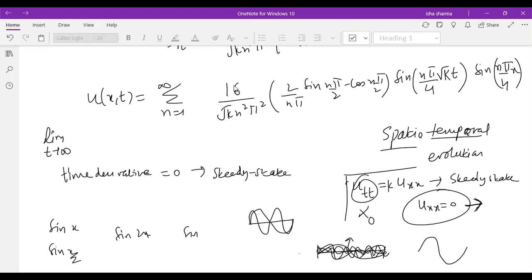So ultimately, it's already happening physically, but we need to give those solutions which are appearing, the shapes of the strings which are appearing at different times. We need to write them mathematically. So this solution represents that. कि एक पर्टिकुलर टाइम पे आपका सॉल्यूशन किस फॉर्म में है, कौन सी साइन फ्रीक्वेंसी में है. सो दिस इज हाउ इट इज.